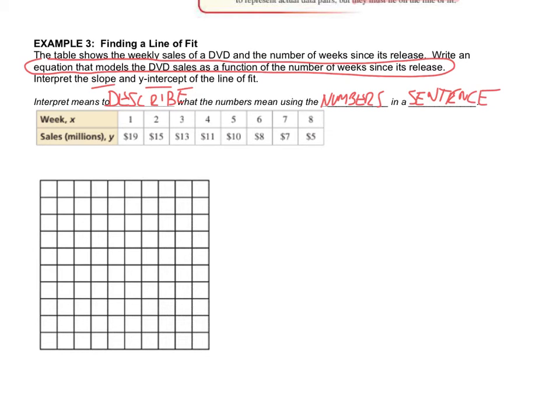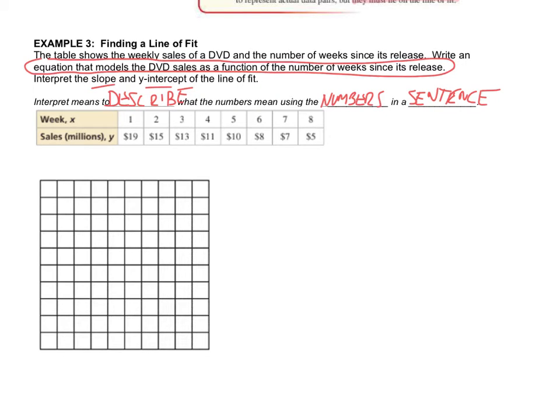It doesn't just mean the slope is 2. What does the number mean in that situation? So use your slope numbers, use your y-intercept to describe what we know about that number. So interpret is really, really important, and we have to keep making sure we understand how it works.